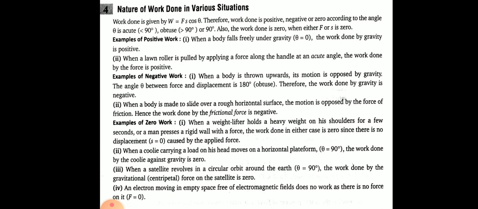But in some cases, work is done such that the angle between force and displacement is more than 90 degrees, and cos theta, where theta is more than 90 degrees, is a negative value. In such a condition, work is negative.